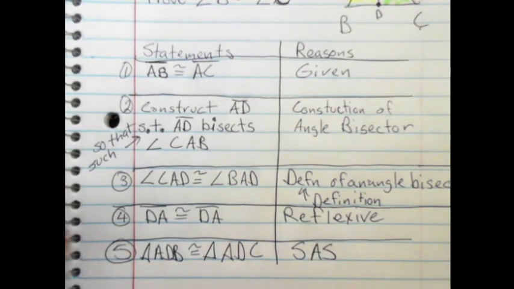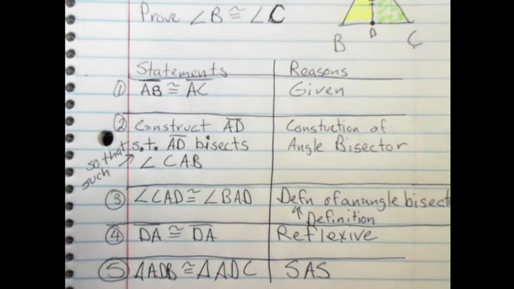So just to recap that, I have a yellow triangle and a green triangle. By the definition of an angle bisector, I created two congruent angles, and I already had two congruent sides.